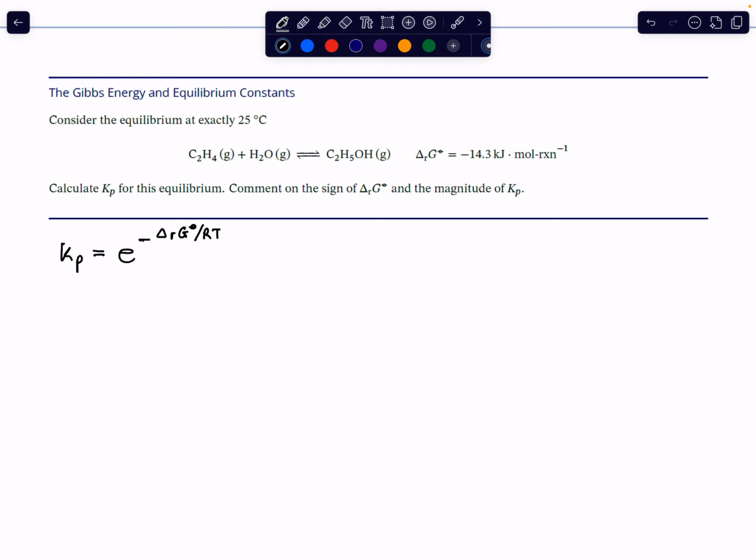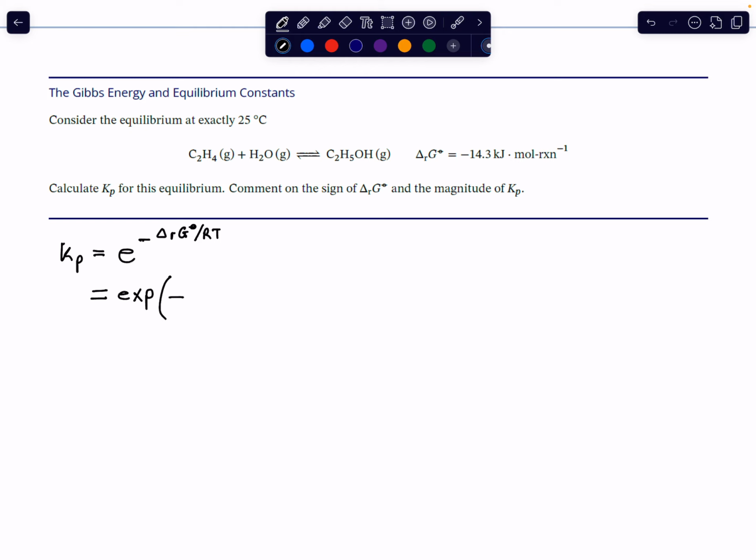And I like to put my standard state as the p-naught. To make it a bit easier to write, I'm going to write it as exp, exponent. And what is the exponent? So it's negative, and then there's some stuff that we put in the exponent.